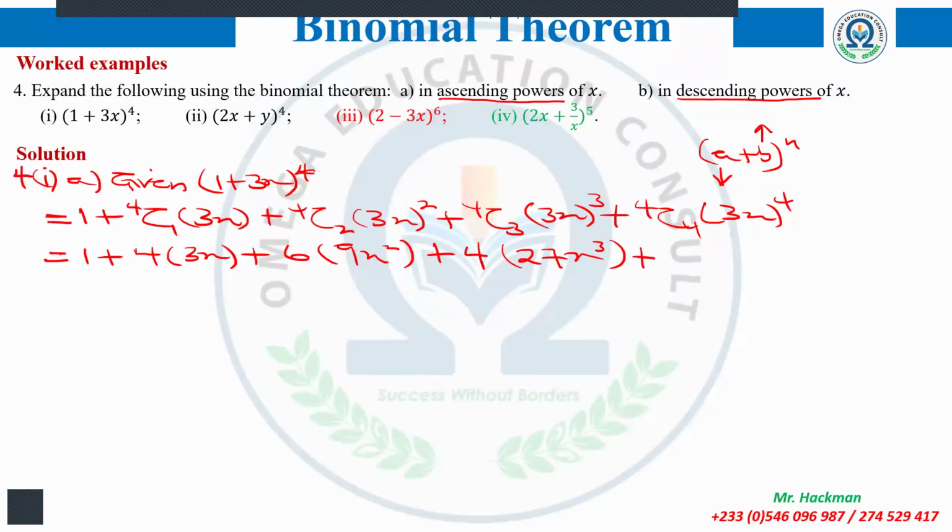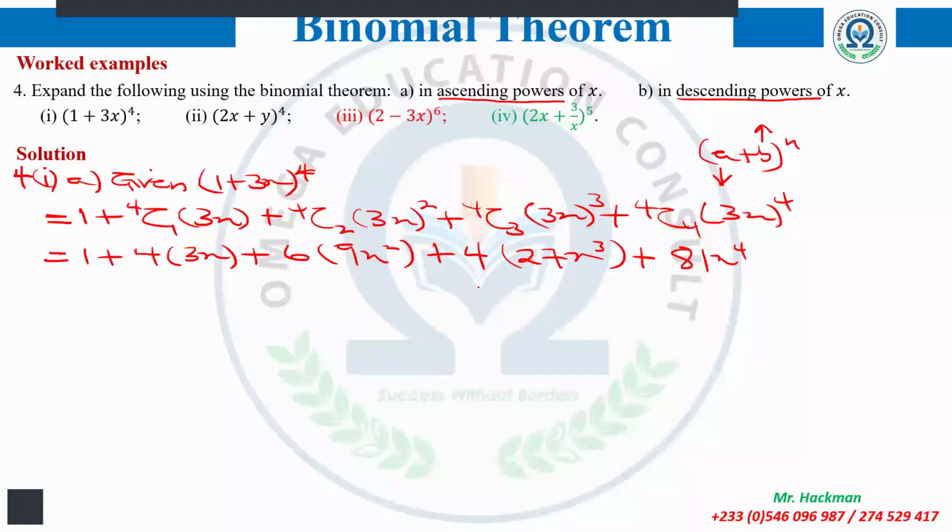Then the last term, 4 combination 4 is 1. I will choose not to write it. Then write 3 to the power 4, which will give us 81, am I right? Yes, so 81, then x to the power 4.